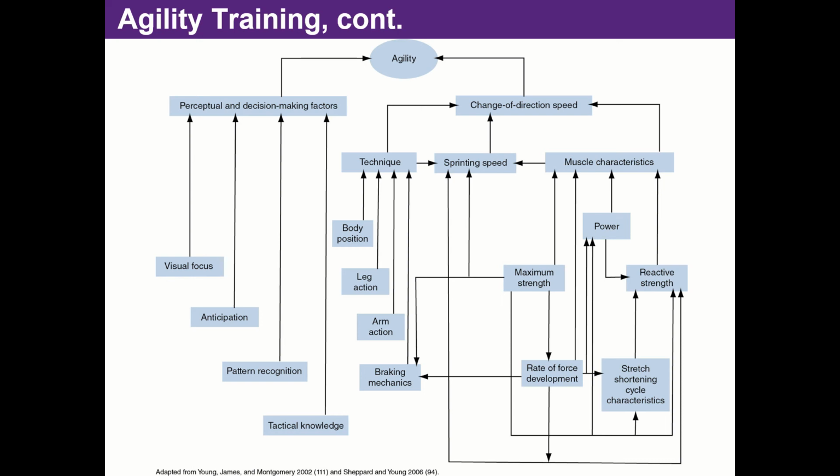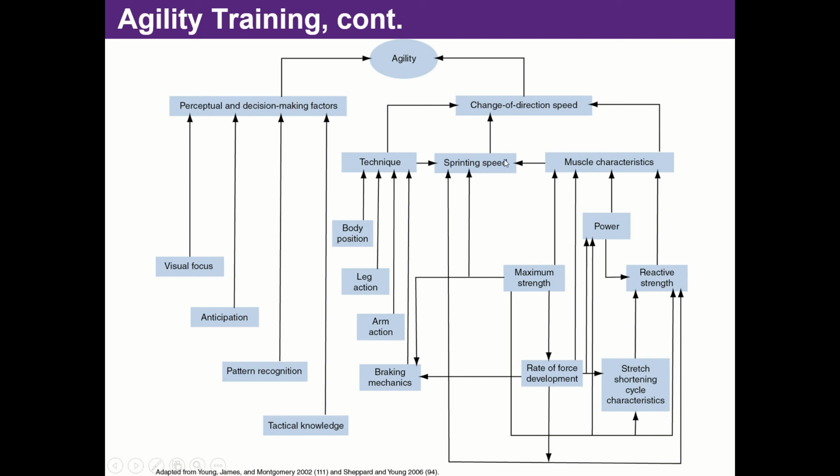And so that's going to require stronger muscle contractions to overcome that larger torque. So the lower you can get, the closer you can get your center of gravity to your base of support, the easier it's going to be to change direction. It's going to require a little bit lower intensity muscle contraction to change direction.